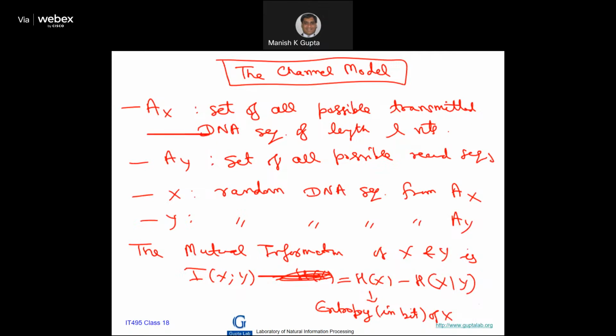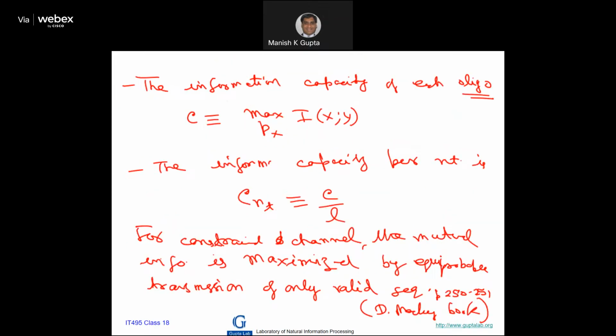AX is the set of all possible transmitted DNA sequences of length L nucleotides. AY is the set of all possible received sequences. X is a random DNA sequence from AX, and Y is a random DNA sequence from AY. Mutual information is H(X) minus H(X given Y), where H(X) is the entropy. The information capacity of each oligo is C, equal to the maximum over the input distribution.